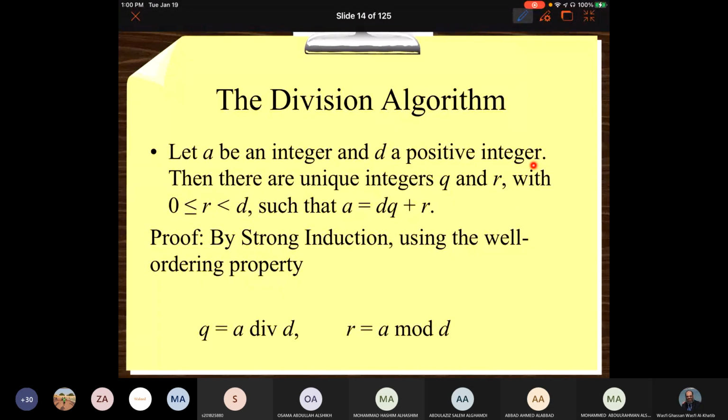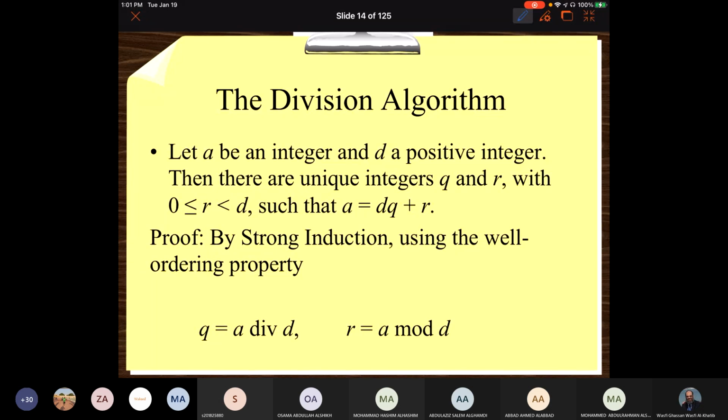So A could be negative, right? But D has to be a positive integer. Then there are unique integers Q and R with R greater than or equal to 0, strictly less than D, such that A is equal to DQ plus R.